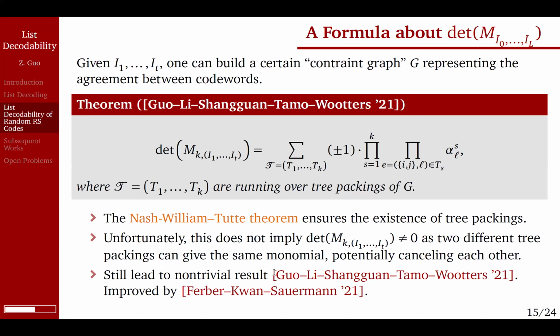This other paper is a pretty nice paper written by Zeyu from Paris, which didn't really follow this framework, but we can translate the result into this framework. They use a very clever trick, but at the same time they also have a constant loss. So there's no hope to prove the conjecture with this trick.